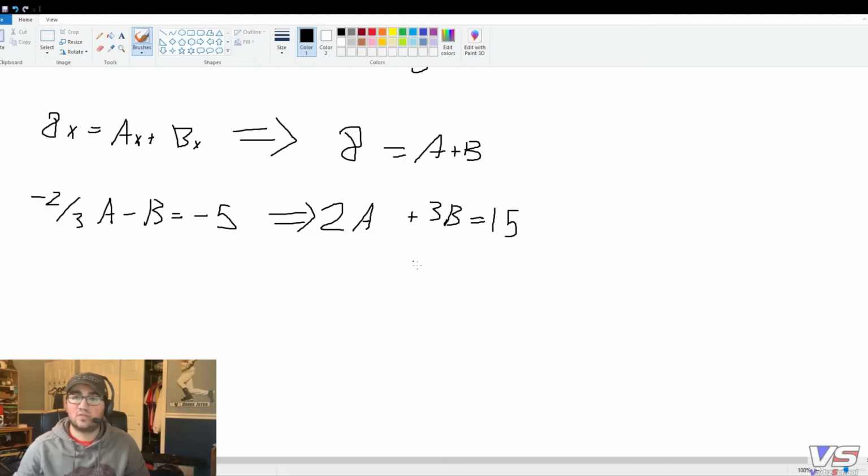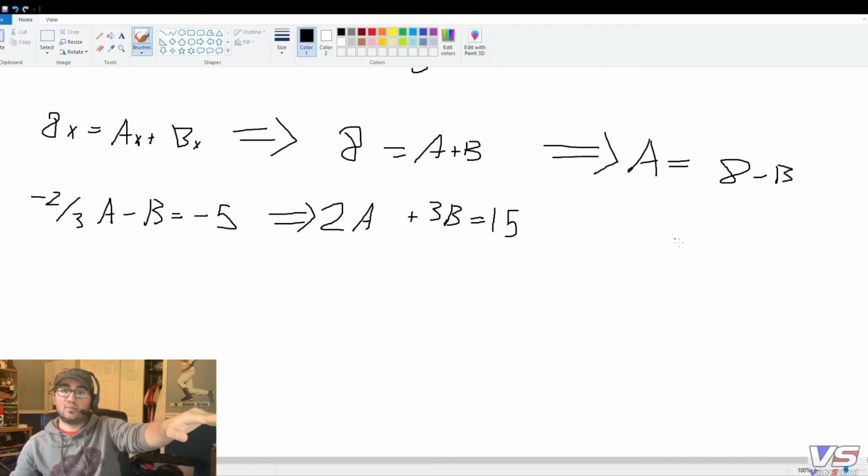Now, what do we have so far? So far, we have 8 equals a plus b, and 2a plus 3b equals 15. Now, what I'm going to do is take this 8 equals a plus b and make that something a little different. I'm going to make that a equals 8 minus b, so that way I can plug it into this other equation.